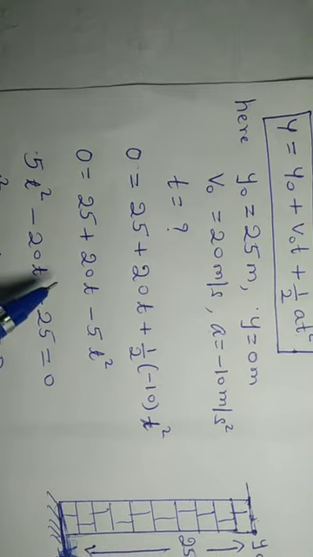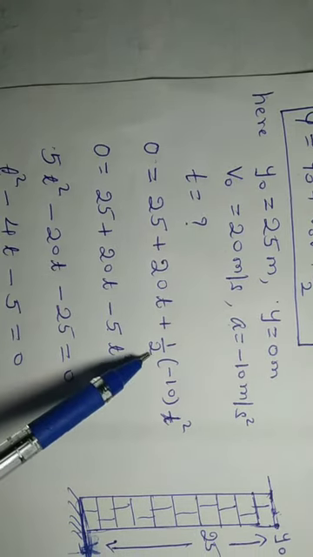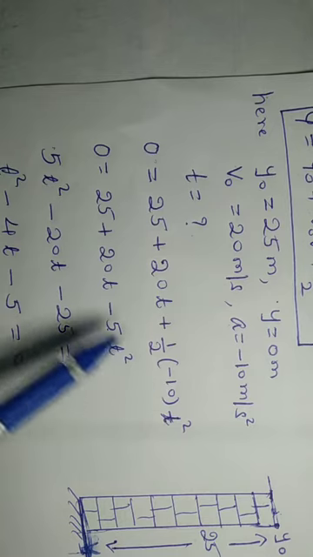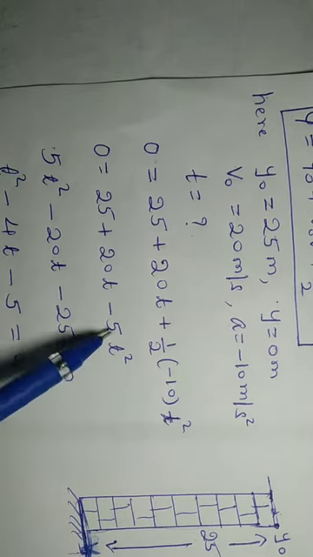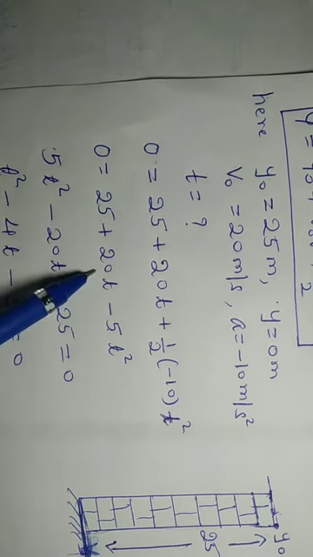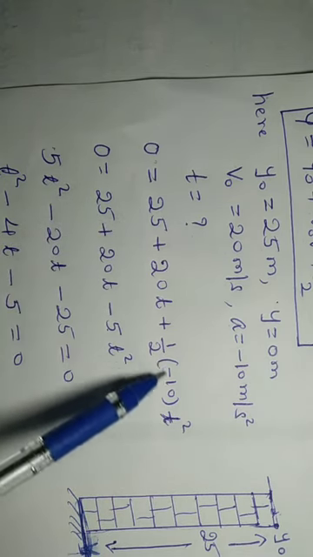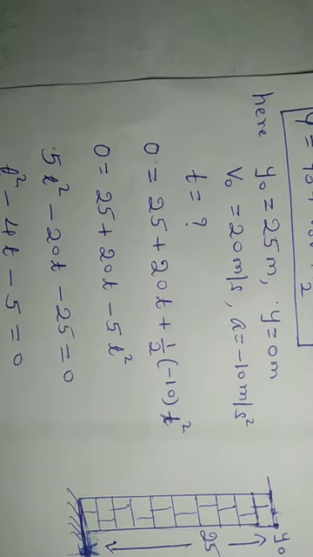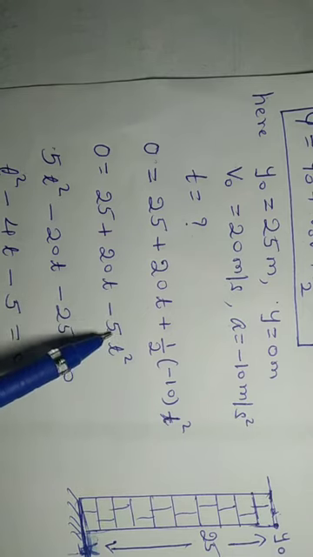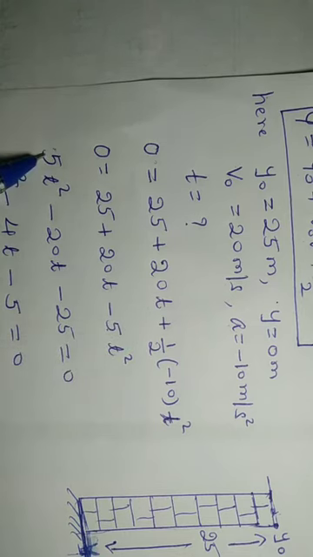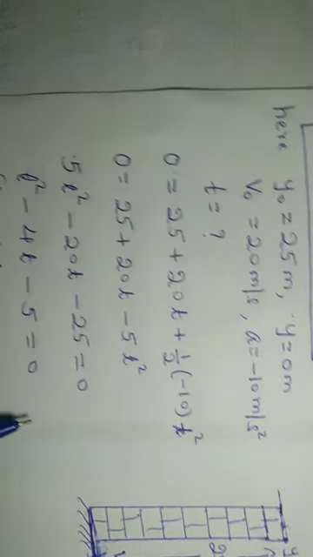Now you can solve it. Here half into minus 10, you will get minus 5. So that is 25 plus 20t, here 2 and 10 cancel, that is minus 5t square. Just bring all the terms to the left hand side, it becomes plus 5t square.